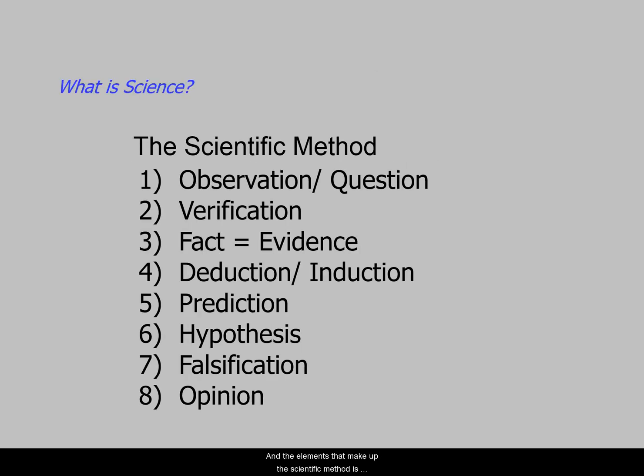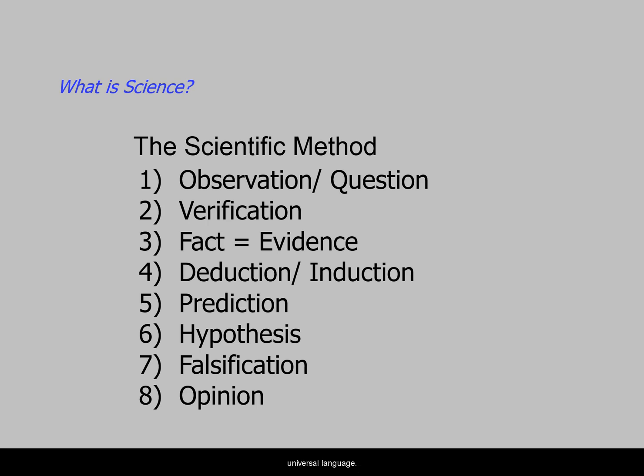And the elements that make up the scientific method are the observation and question, verification, fact and evidence, deduction and induction reasoning, prediction, hypotheses, falsification, and opinion. Now, some of these steps may sound familiar, others may not, but know that all of these steps are part of the universal language which we define as the scientific method.